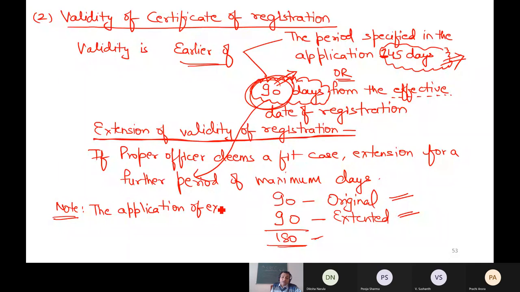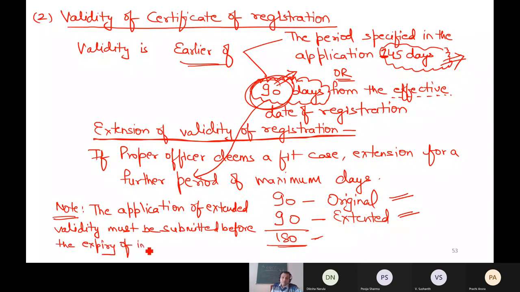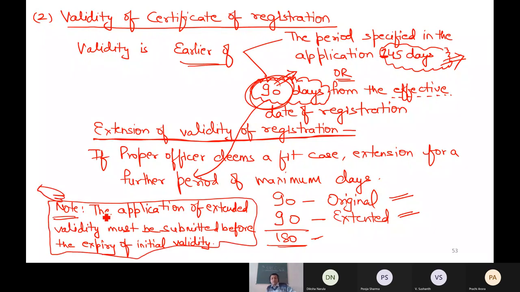Otherwise it has no use if you submit after expiry. This is another point: submit on time. In fact, before time, that's it.